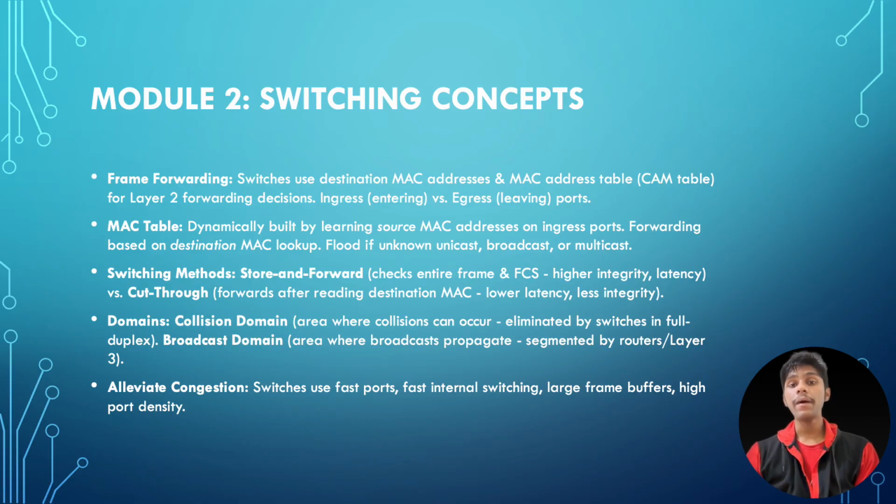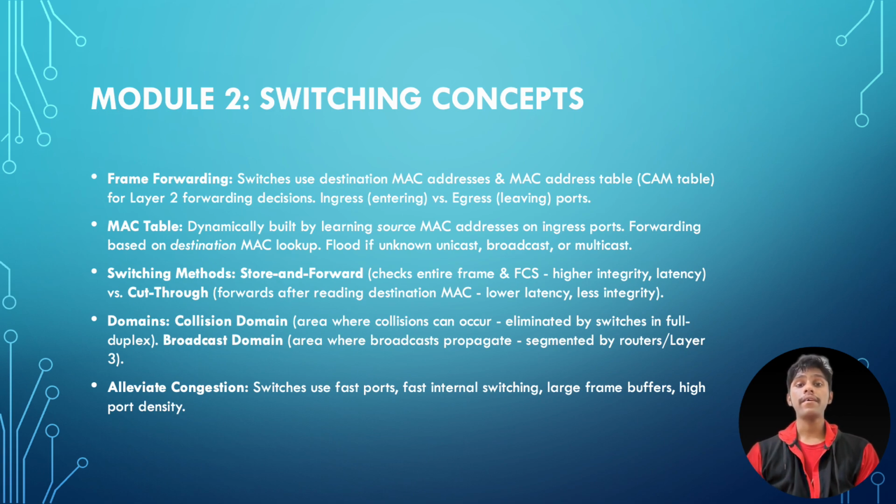This table is built by learning the source MAC address of the device connected to each port. When a frame comes in, the switch looks up the destination MAC address. If it is in the table, the frame goes only out that specific port. If it is unknown, or broadcast or multicast, the switch floods it out of all the ports.